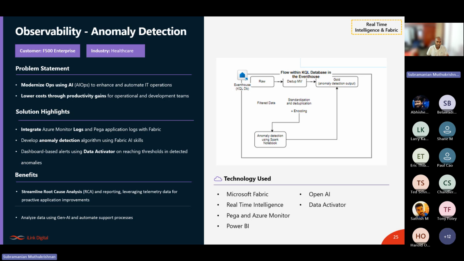They have the infrastructure logging system, they have application logs, and they wanted to merge all their logging systems into one platform and then do anomaly detection and also root cause analysis using GenAI, and trigger downstream applications like ServiceNow or a ticketing system. That's where we helped the customer implement RTI with an anomaly detection module, where customers are able to do root cause analysis based on the telemetry data that's coming in real time from the different logging applications.